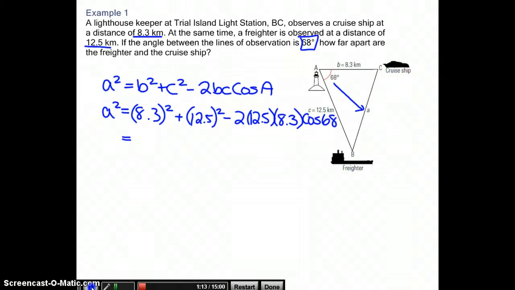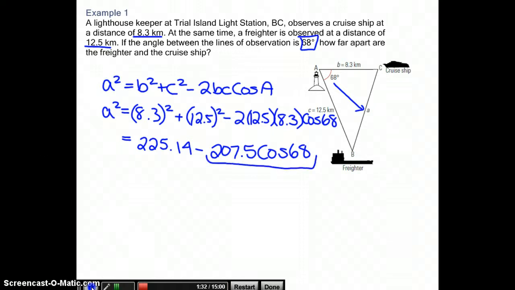So we're going to start by squaring our 8.3 and our 12.5 and adding them together to get 225.14, minus 2 times 12.5 times 8.3 is 207.5, cos 68. Now since we're following BEDMAS, we still have to multiply first, so we need to solve this by multiplication.